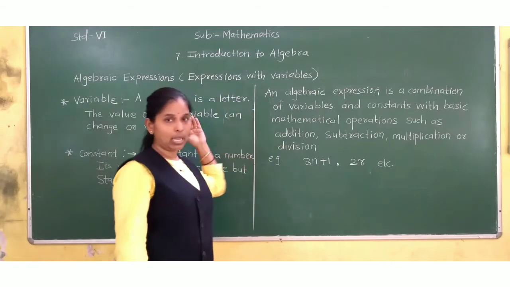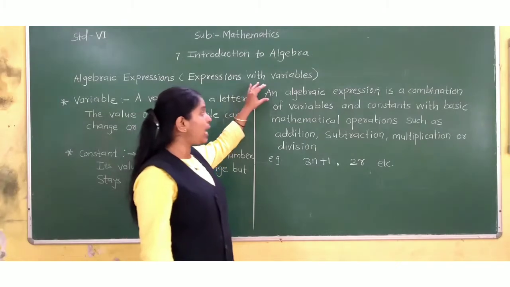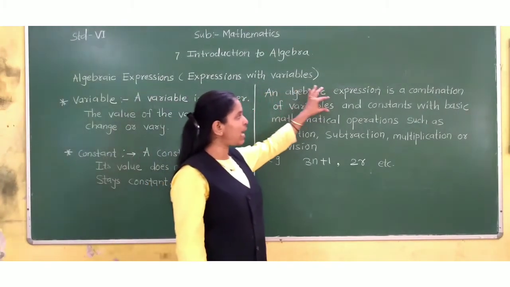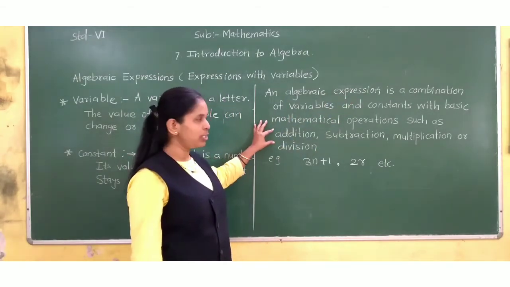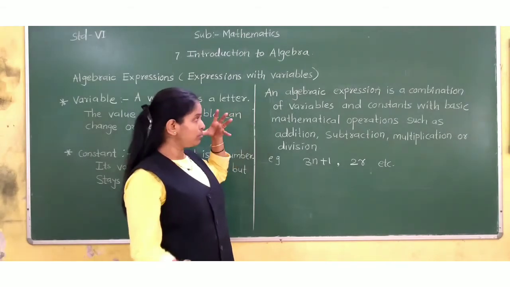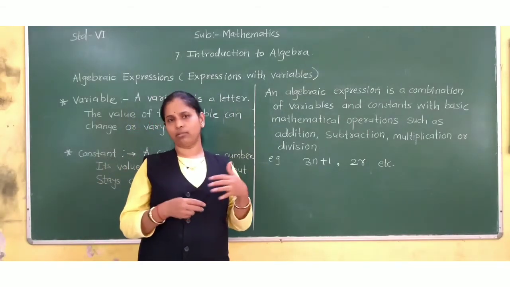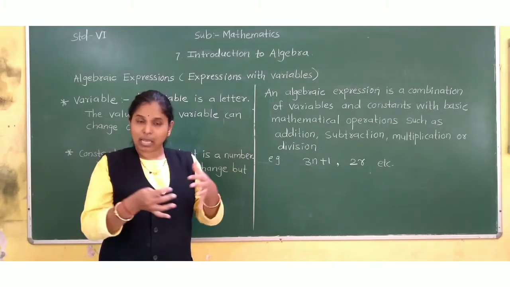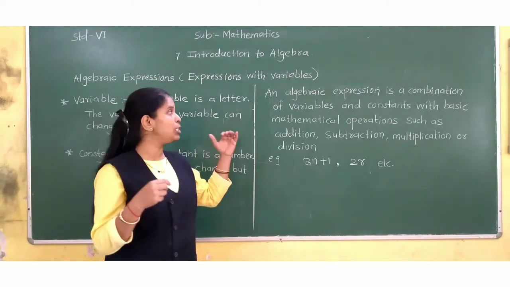Next. By using variables and constants, we can form an algebraic expression. An algebraic expression is a combination of variables and constants with basic mathematical operations such as addition, subtraction, multiplication or division. Whatever form this combination takes is called an algebraic expression.